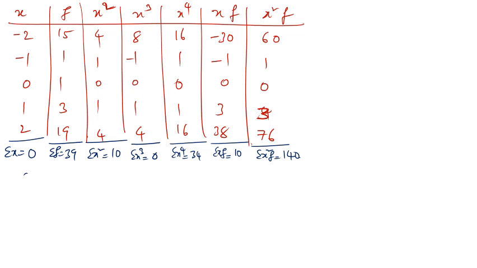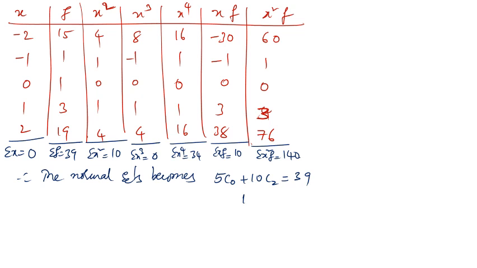Therefore, after substituting all these values, you will get the normal equations as 5 c naught plus 10 c2 equal to 39. And the next equation, 10 c1 equal to 10. Next one, 10 c naught plus 34 c2 equal to 140.